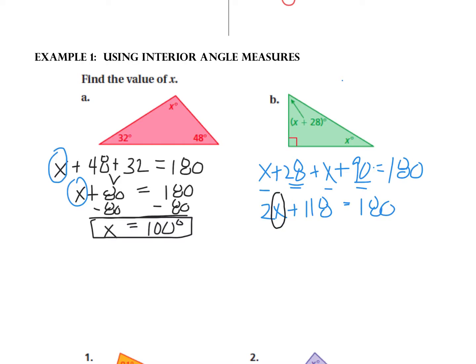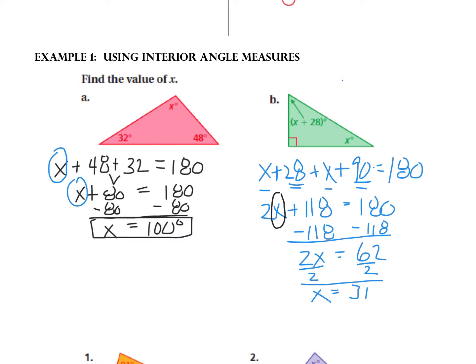This comes back to our SAD-MEG steps, so we work backwards. We do our addition and subtraction first to get 2x equals 62. Then we break away by dividing by 2 to get x equals 31.